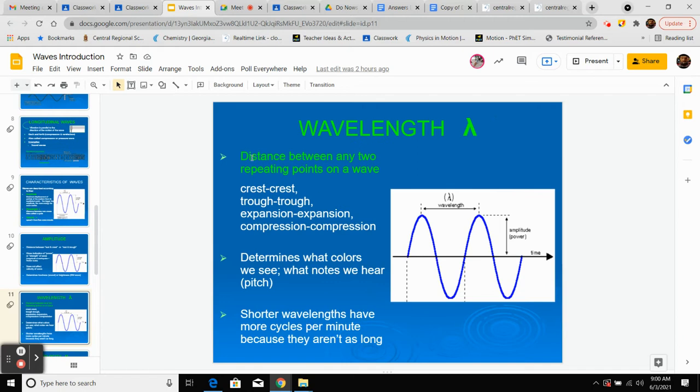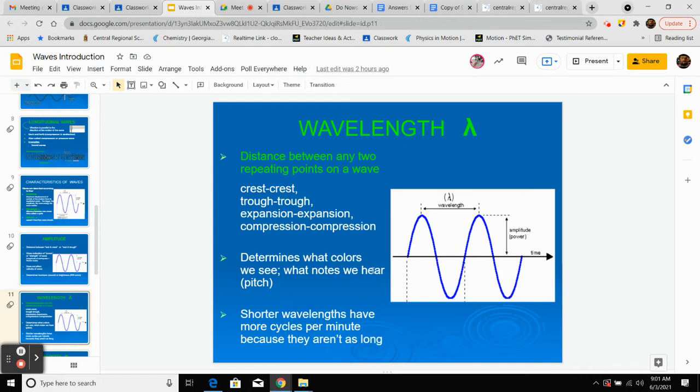Wavelength, symbol lambda, distance between any two repeating points on the wave. All right, we talked about that as well. This can help determine what kind of colors we see or what notes we hear in music, all right, for pitch. The shorter the wavelength, all right, the more cycles per minute.